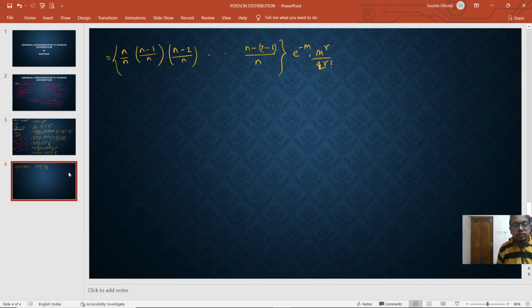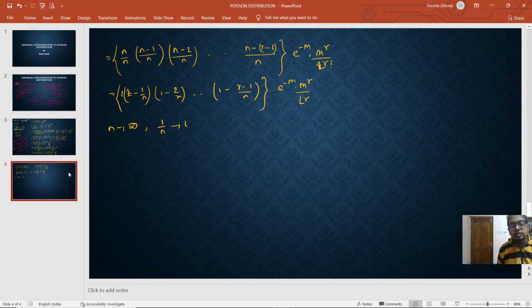So from here we can write 1 into (1 - 1/n), 1 into (1 - 2/n), up to (1 - (r-1)/n), into e to the power minus m into m to the power r by r factorial. And as n tends to infinity, whereas 1/n tends to 0, we can say that these all are 1 into 1 into 1.